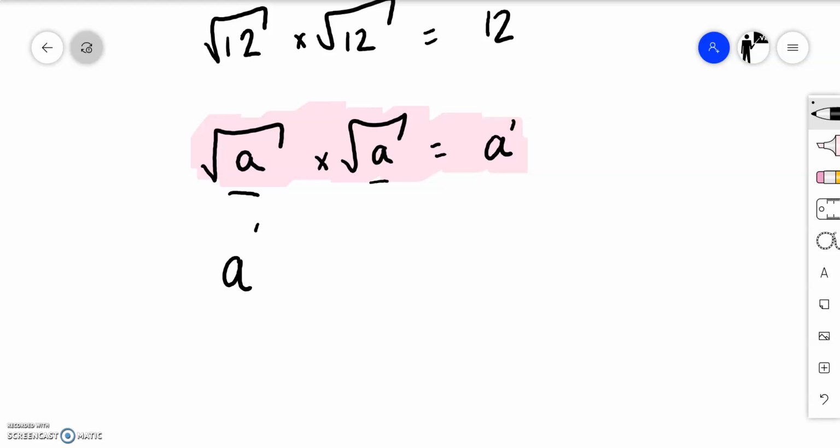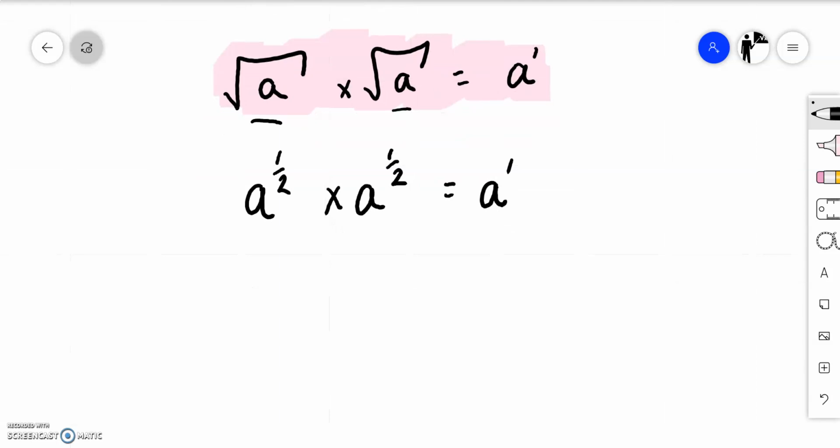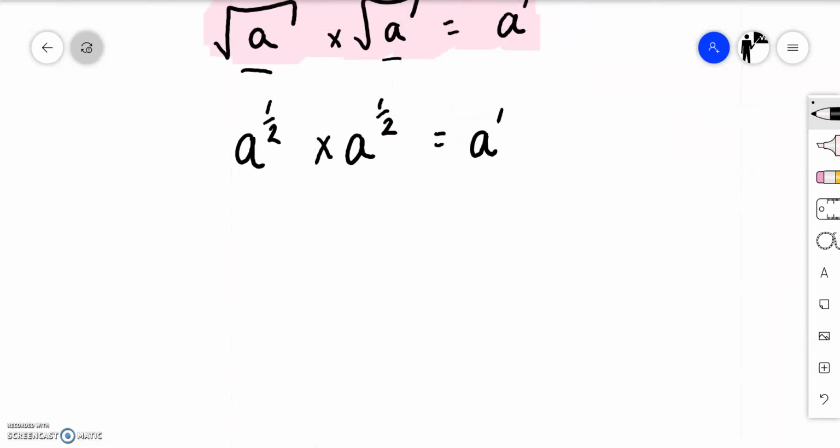So it holds true that the square root is the same as a half. Because if I were to multiply these, I would add the powers, so I'd do a half plus a half, which is 1. So what we can generalise from here is that the square root of A is the exact same as A to the power of 1/2.